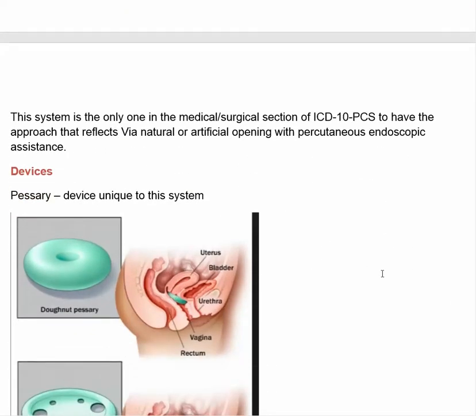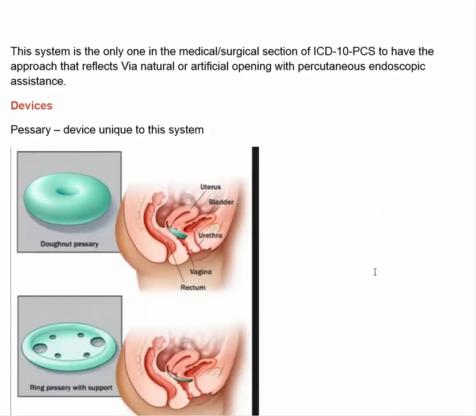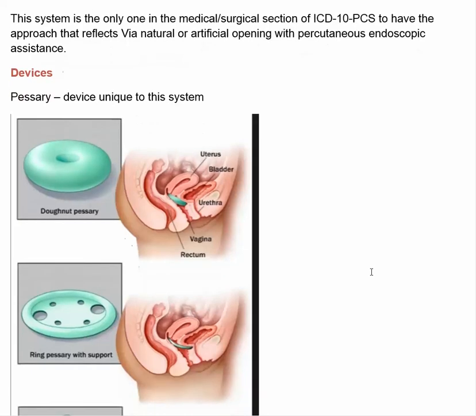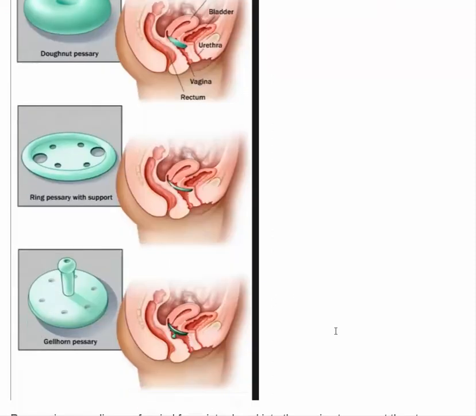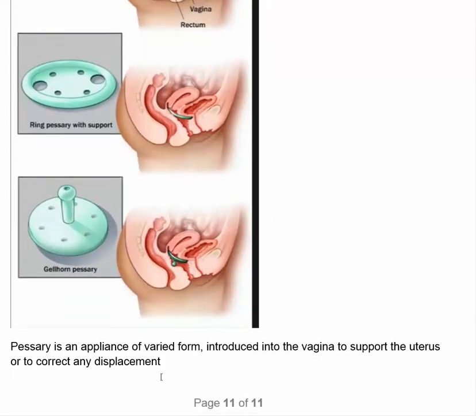Also unique to the female reproductive system is one particular device. The pessary is an instrument placed in the vagina to support the uterus or rectum or as a contraceptive device. There are different types of this particular device: there's donut, there's ring, there's something called a gel horn.